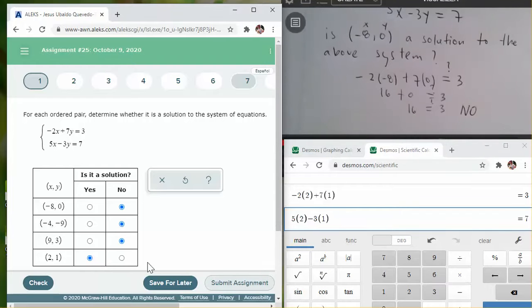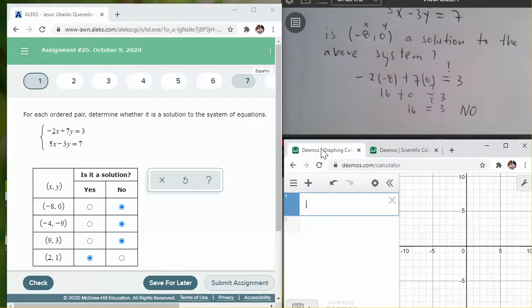Now, I have an even easier way to do this. That's another possibility: graphing. I said in previous classes that a system of equations has three possible answers: no solution, a unique solution, or an infinite number of solutions. And we can see that with the graph.